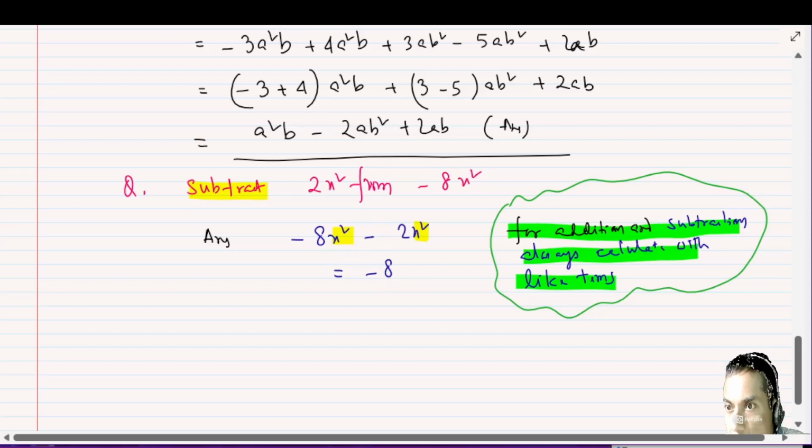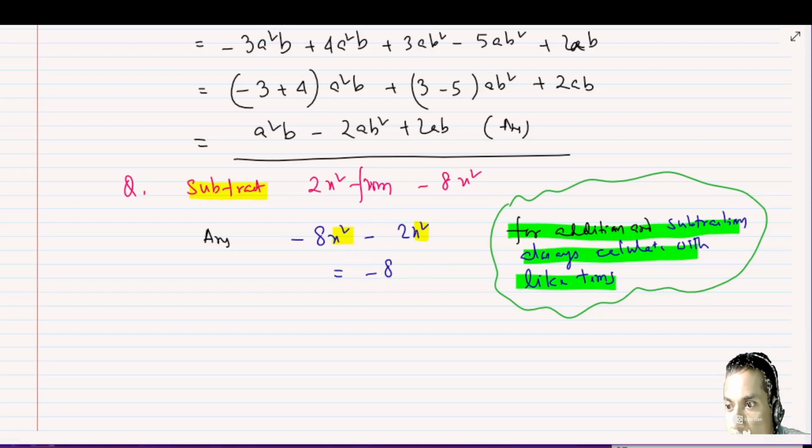Okay, clear? So here the answer will be what? Minus 8 plus 2, 10 x square. Clear? Although it is a very small example, you can apply the same concept for difficult questions also.